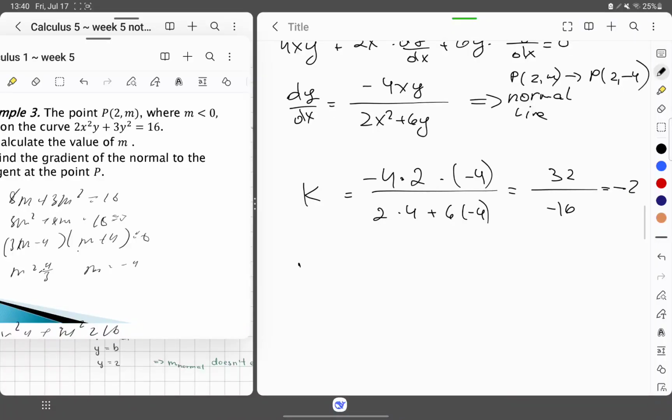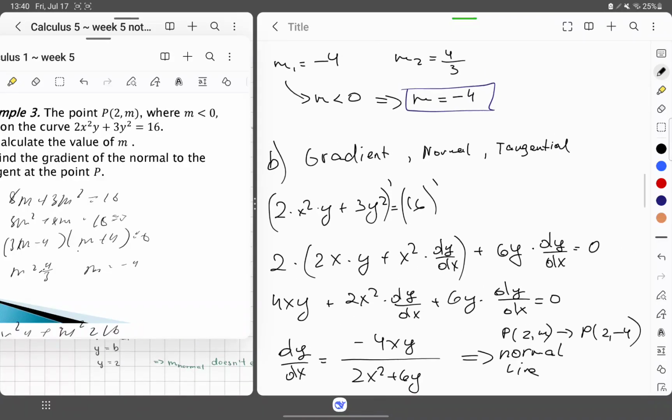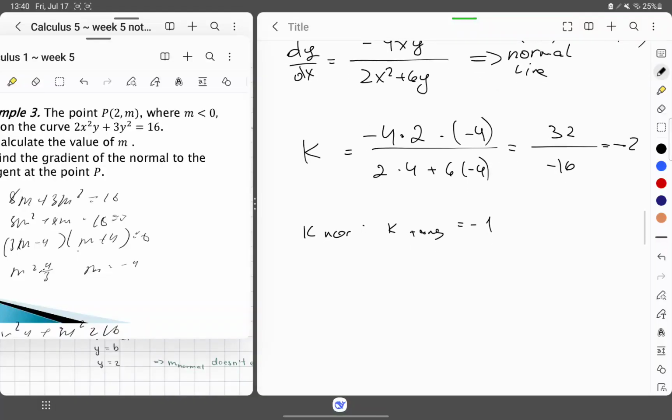The normal formula is m1 times m2 equals negative 1, so m normal times m tangential will be negative 1, but here we substitute it with k, because we have m here and I don't want to confuse it.